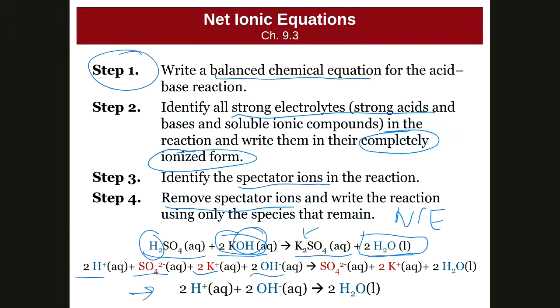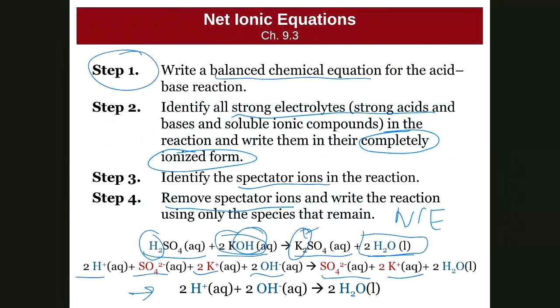Most sulfate salts are soluble, and the exceptions in this case do not include potassium, because potassium is one of our cations that is always soluble, one of our group 1A elements. All right, so that means that potassium sulfate is soluble. It is a strong electrolyte. It completely dissociates into sulfate ion and potassium ions.